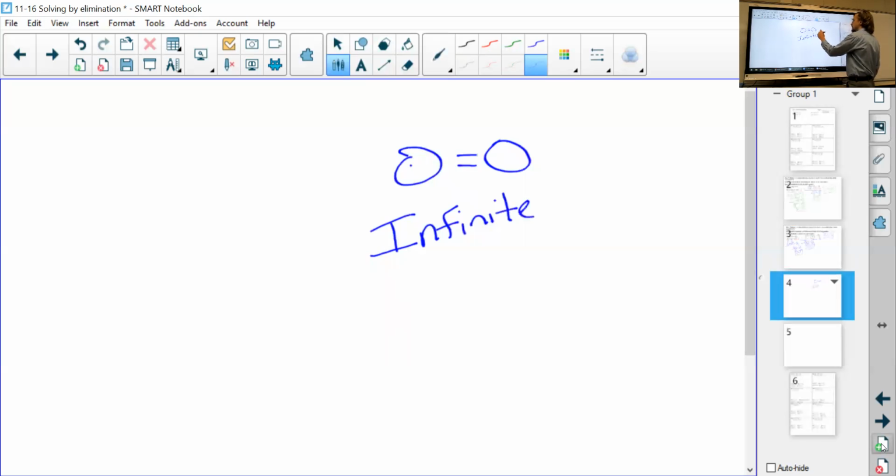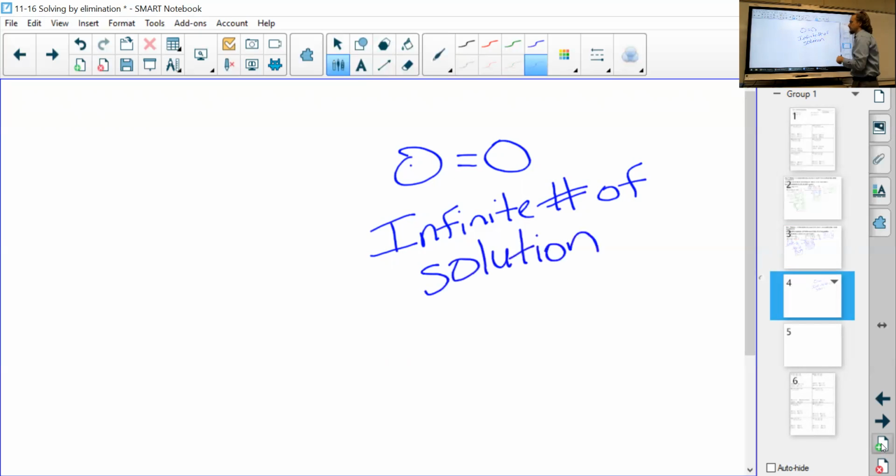Because the only way you could end up with nothing after you eliminate is if you had this exact same equation. So equation minus itself is nothing. So if you try to eliminate and you're left with nothing at all, then the answer is an infinite number of solutions.